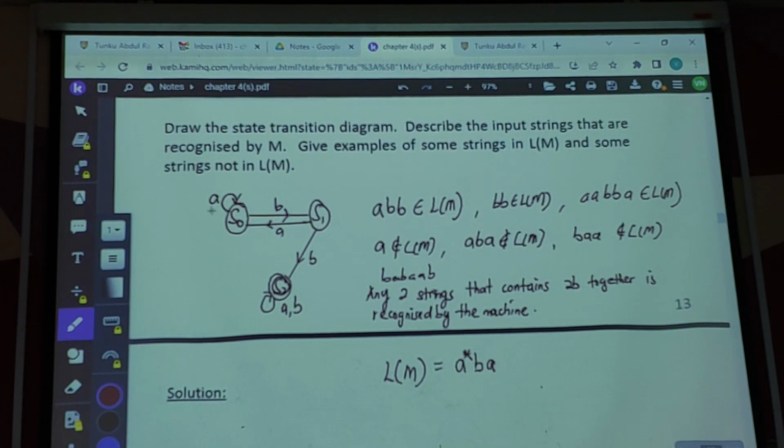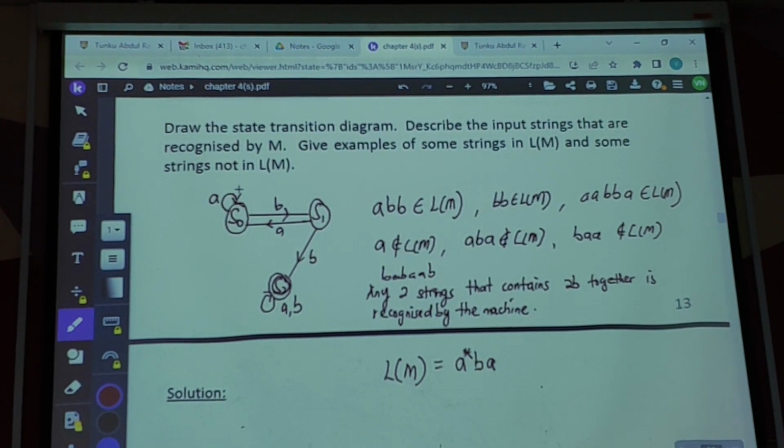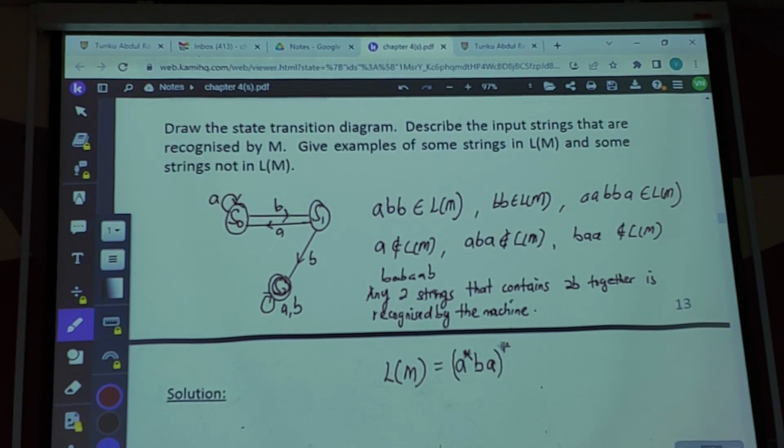It can have a loop of A again, then B A again, keep on repeating the same thing. So this whole thing can be a loop: A asterisk B A, A asterisk B A, A asterisk B A.